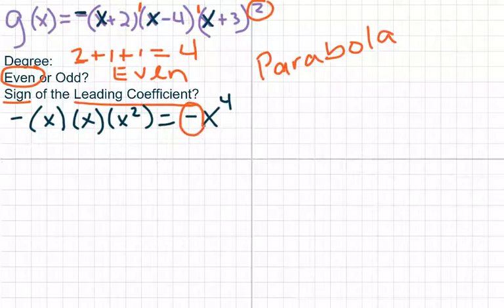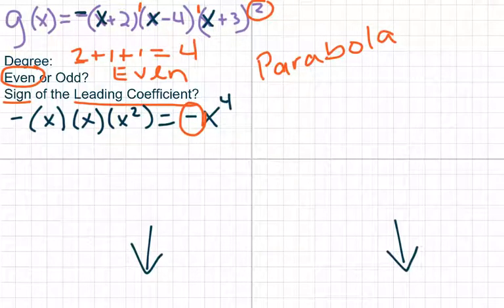My leading coefficient is a negative 1. So it is a parabola, but it has a negative in front of it, so the end behavior is going to be down like this.